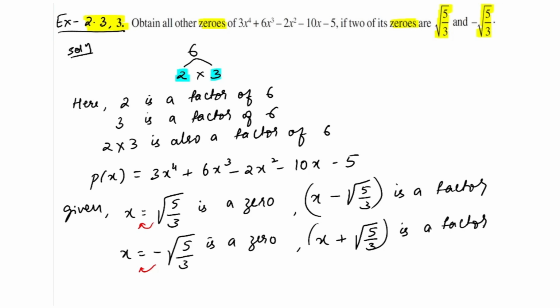Now, we got two factors here. Like here, we got two factors, that is 2 and 3 are the factors of 6. Similarly, we got x minus root 5 by 3 and x plus root 5 by 3 as factors of our given polynomial. Now, therefore, we can say that the product of these two numbers is also a factor of 6.